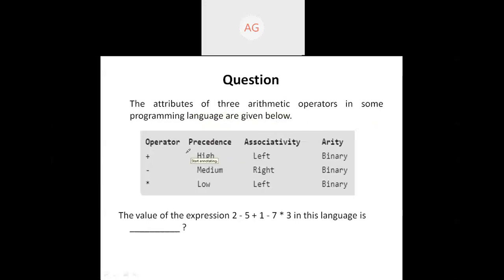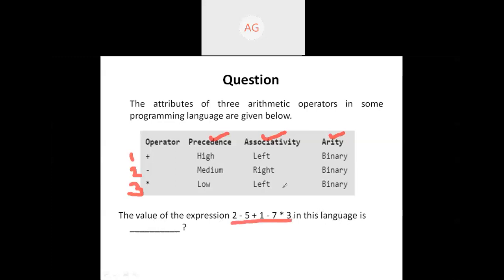In this table, you are given three operators, plus, minus, and into, and their precedences. Then associativity is also given, and their arity, meaning whether they are binary, unary, or ternary. You need to calculate the value of this expression in this language.